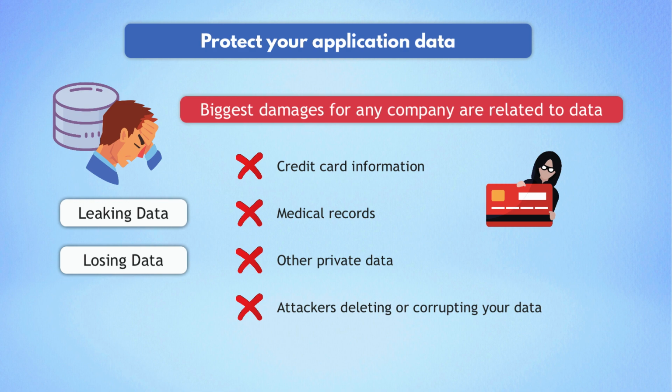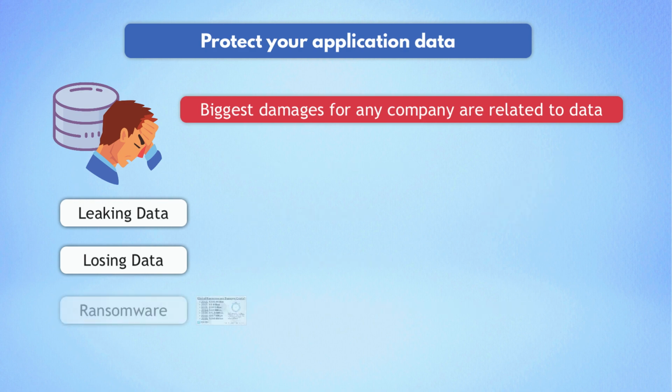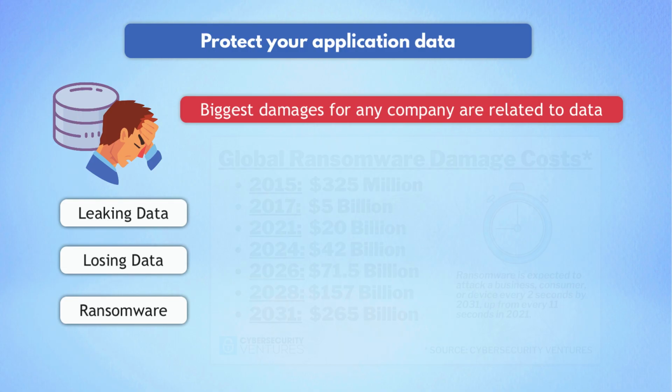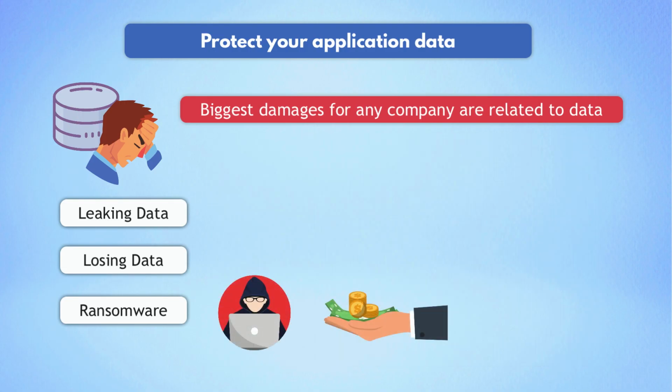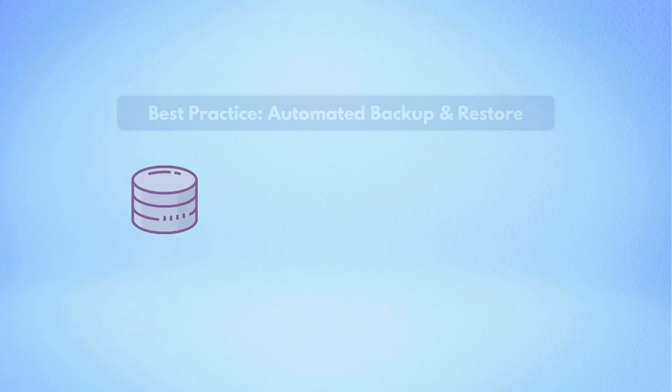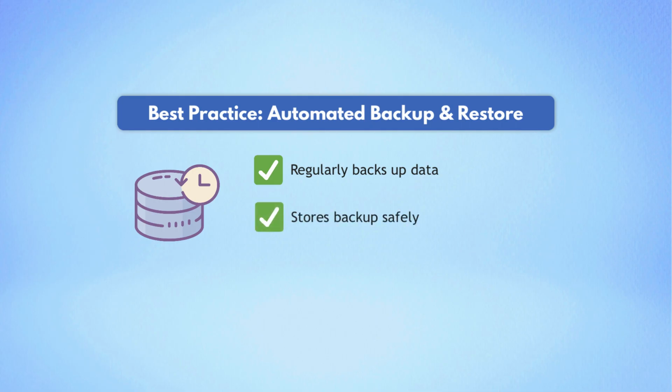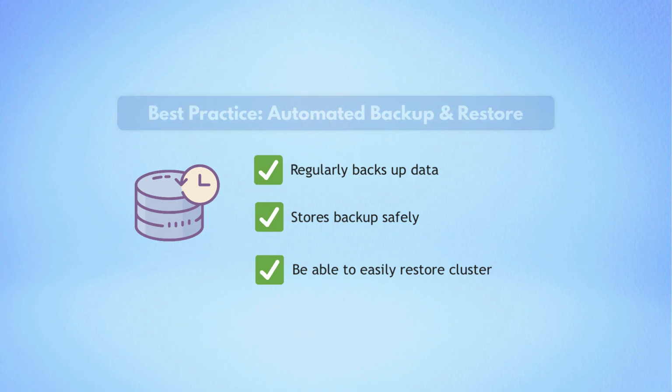So one thing that attackers commonly do is taking your data and requesting a ransom for it. So you have to pay them to get your data back. And you have to be protected for all these scenarios. And that's the next security best practice, to have a proper automated backup and restore system in place for your cluster that regularly backs up your data and stores them safely so that you can use it to restore your cluster when a disaster happens.